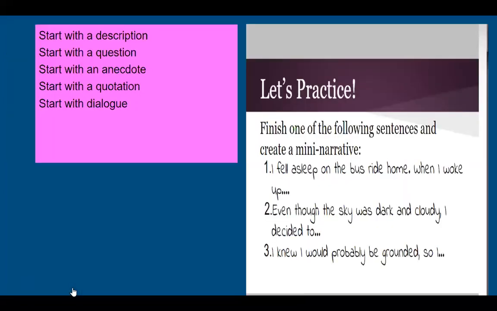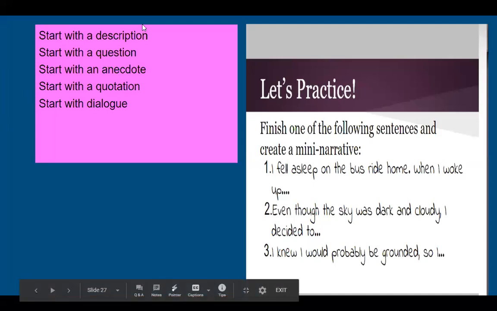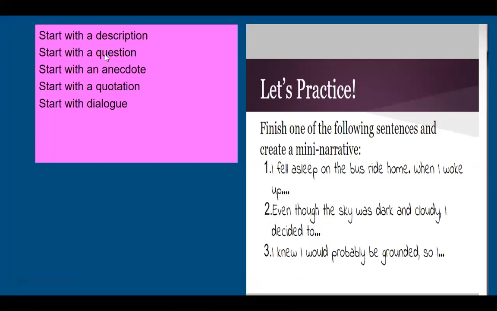So if we have to practice it, I'm just giving you some examples of how we begin. We can start with a description. We can start with a question. It's one way of exhorting your reader to read. We can start with an anecdote, I mean, a simple story. It can be a real one.